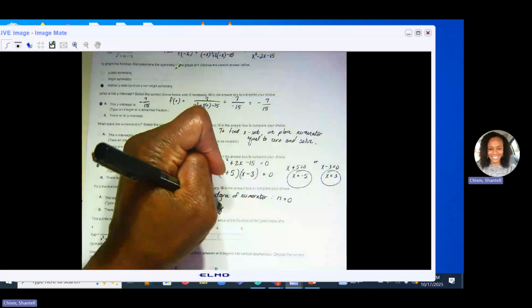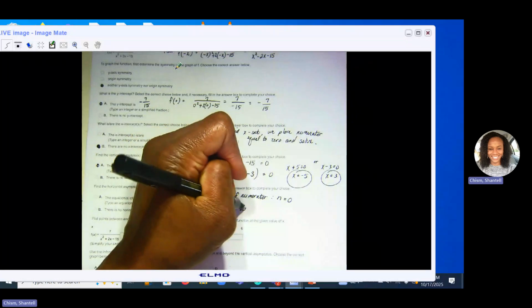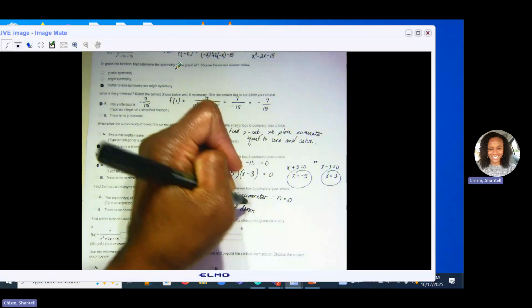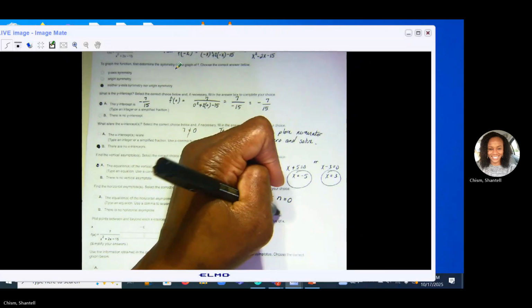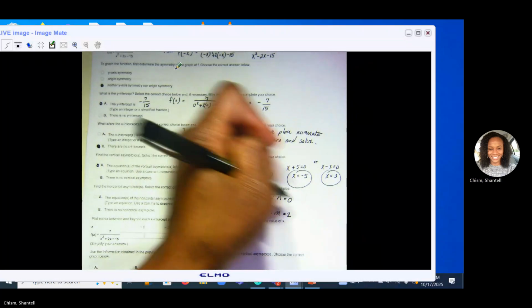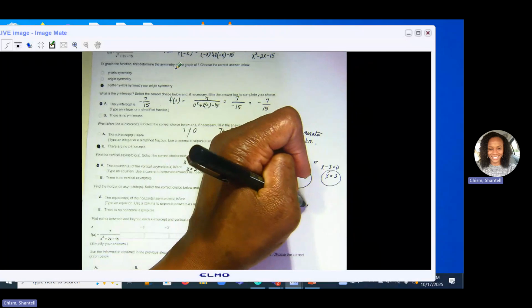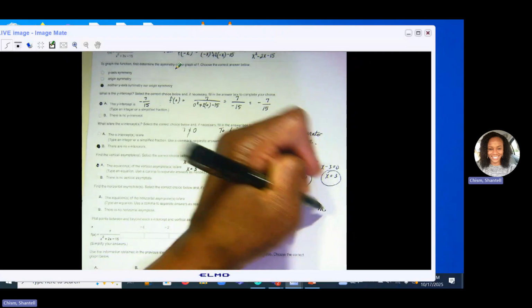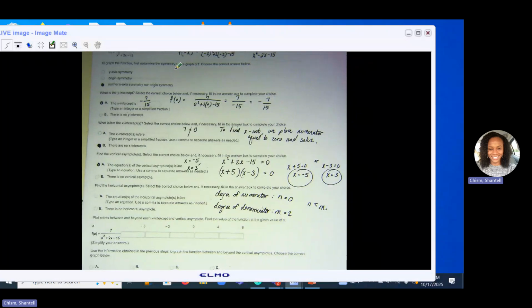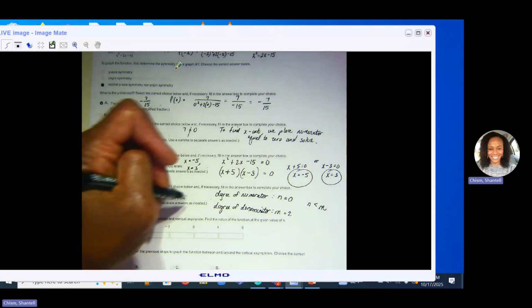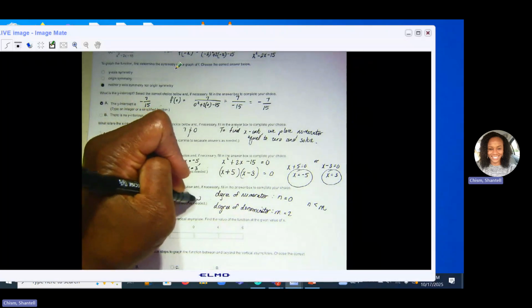And the degree of the denominator, which would be m, is 2. So the degree of the top is less than the degree of the bottom. n is less than m. So therefore, the horizontal asymptote is just the equation y equals 0.